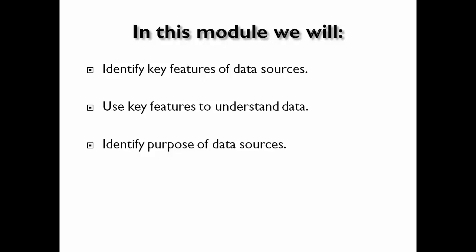So being able to identify the key features, understand the data, and identify the purpose quickly is key to writing a good answer. If you know how to do all of these things, you will be able to understand everything very, very quickly, plan your answer and start writing quickly and finish within 20 minutes.